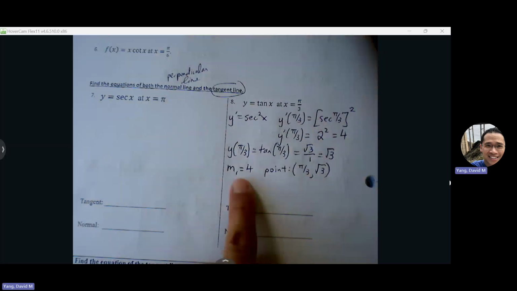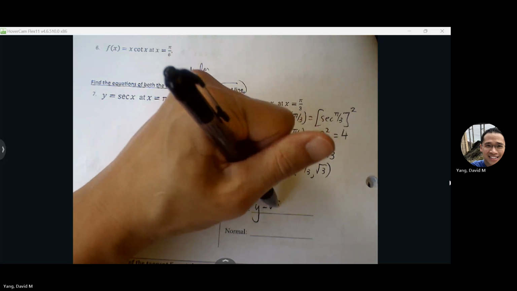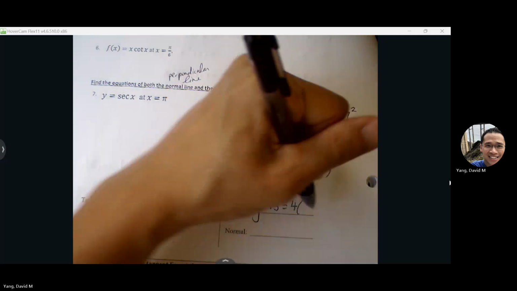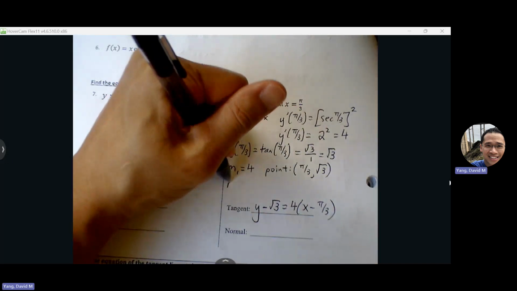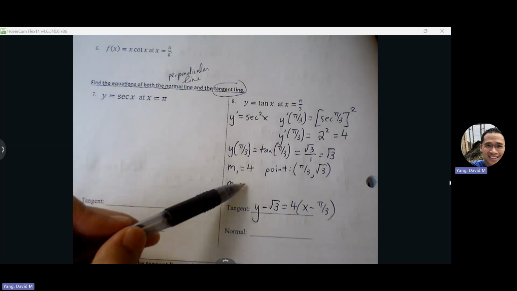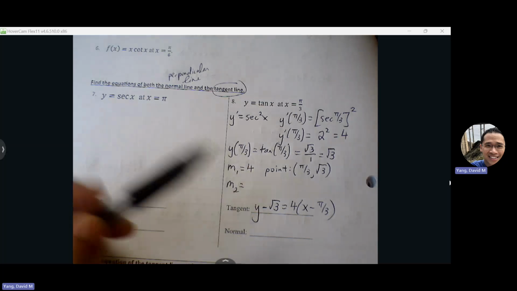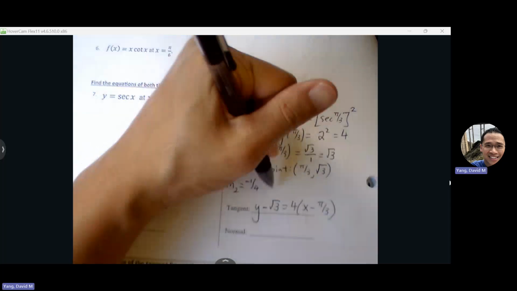So the slope, tangent line, we're going to keep the same slope. For the normal line, we're just having to make an adjustment with the slope. So how can I get it into the perpendicular slope? -1/4, yeah. Same point though.